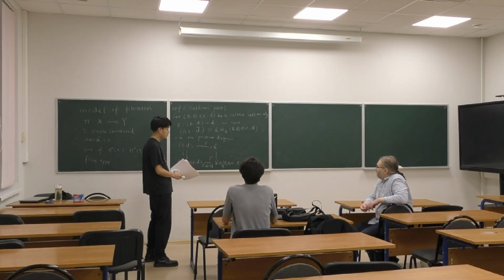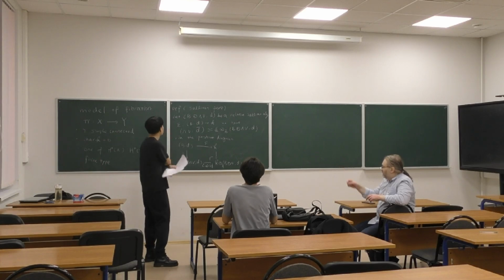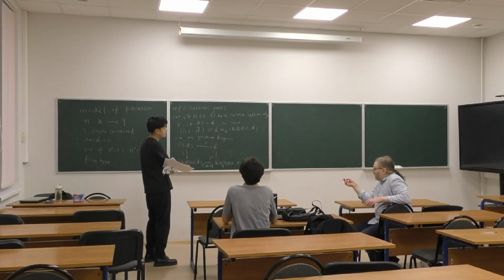It's a useful thing to know, and so if we somehow know that B is Sullivan, then the answer we get in the bottom right corner is the homotopy push-out of the diagram. If B is not Sullivan, then we're out of luck.